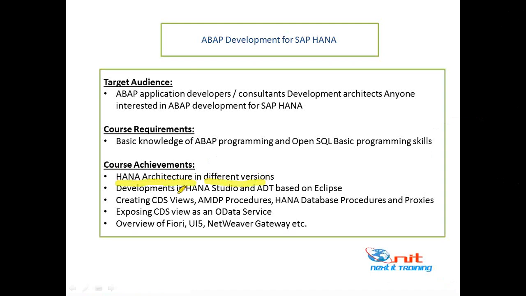After that, what kinds of development we have in HANA Studio. We have something called HANA Studio and ADT, Eclipse, right? We'll see all these things one by one. Let's not get into it too much and get confused.